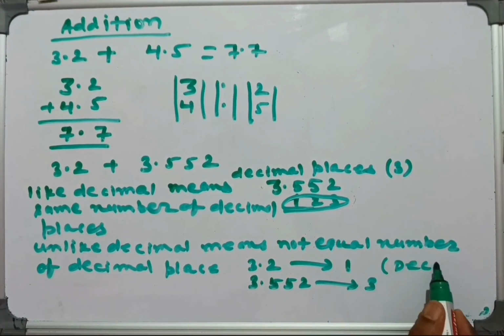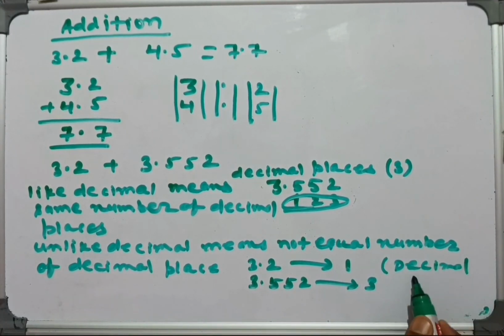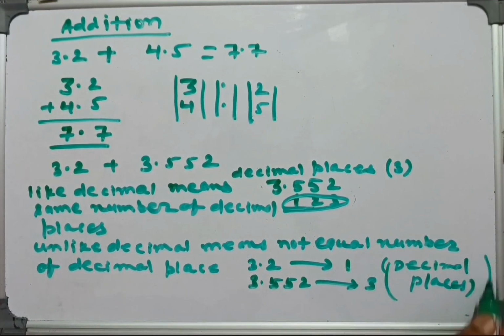So 3.2 and 3.552 are examples of unlike decimal numbers.